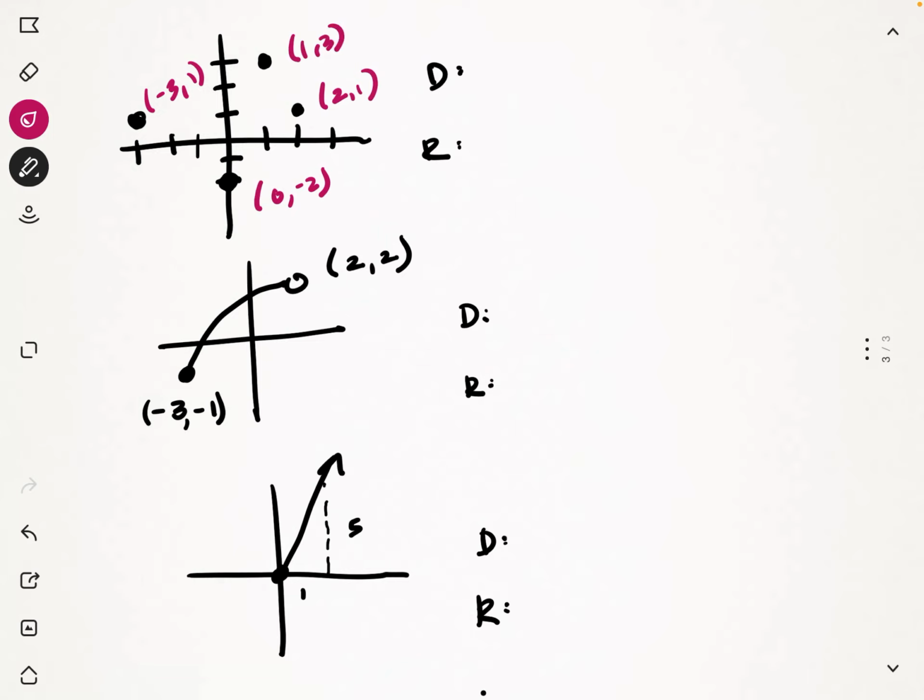Okay, so again, the domain is all the x's. So we're going to list all of our x's, so -3, 0, 1, and 2. Our range here is going to be the y's, so -2, 1, 1, and 3.